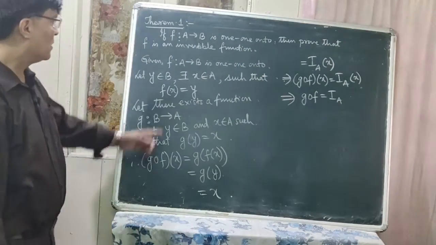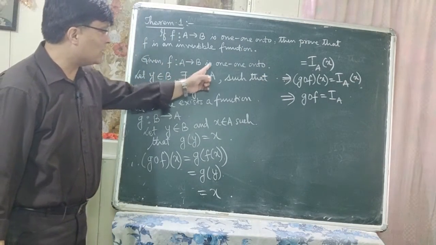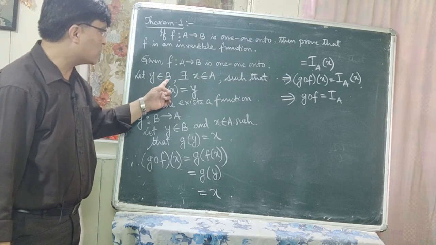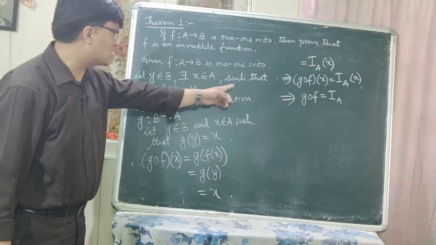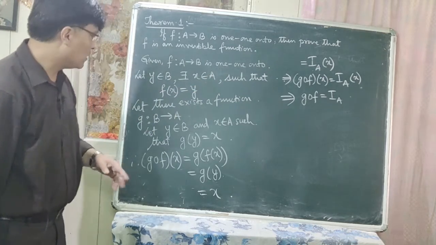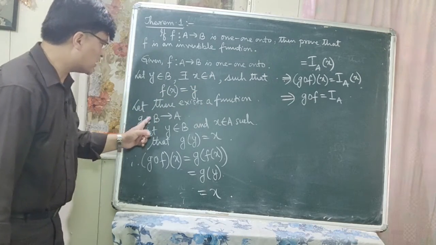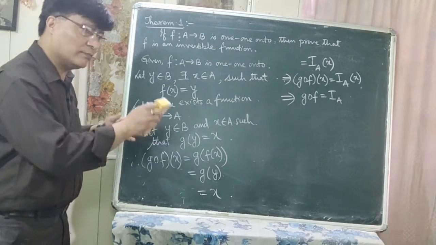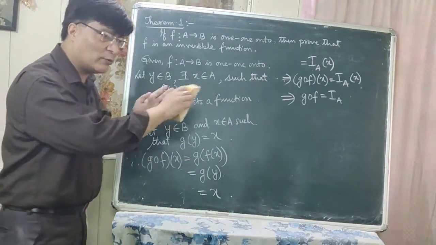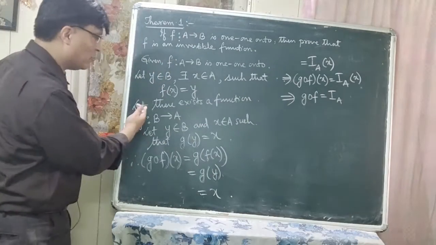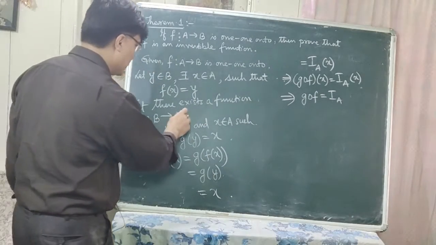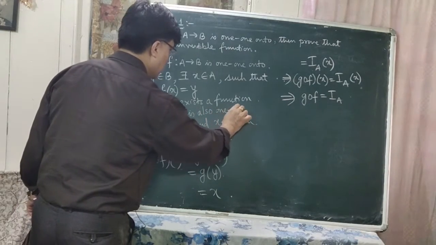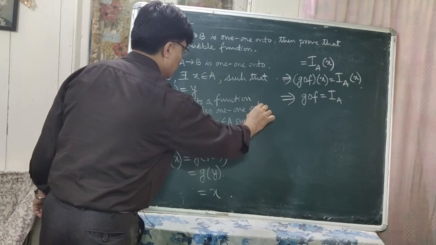Okay? Since f such that A to B is 1-1 onto, we can write: let y belong to the set B, there exists x belongs to the set A such that f of x is equal to y. So let there exist a function g such that B to A. Now in this case it goes from B to A, understood? If A to B is 1-1 onto, then B to A is also 1-1 onto. g maps B to A and is also 1-1 onto.